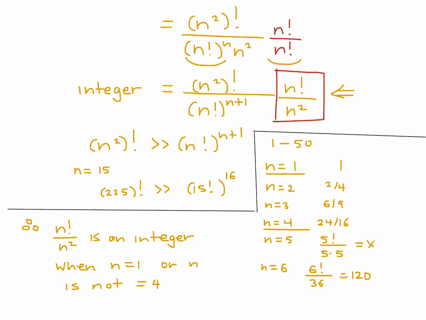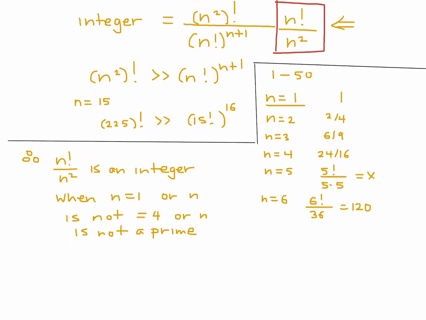Because 4 didn't give me a value that works. Or n is not a prime, because for prime numbers it won't work. So basically, all the numbers between 1 and 50 that need to be eliminated are the primes and the 4. So that's pretty much how we're going to do this.